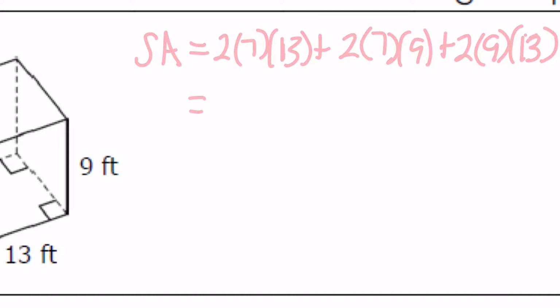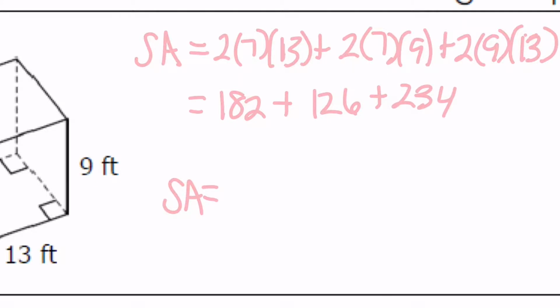Okay, so my surface area is going to equal 182 plus 126 plus 234. So my surface area of this rectangular prism is 542 feet squared.